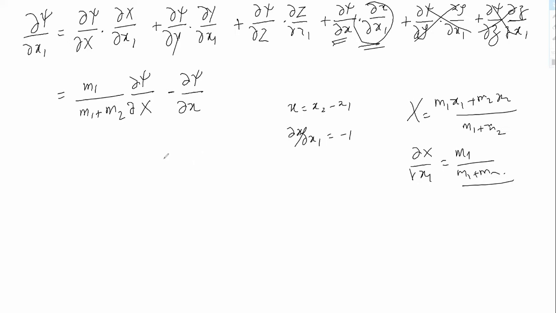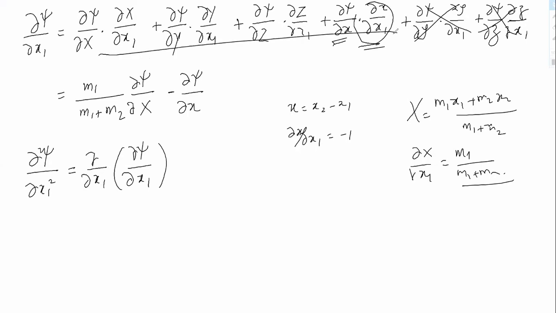That is why we have only this expression. And then once you have this, what will you do? You will try to obtain delta square psi by delta x1 square. And that will be delta by delta x1 of delta psi by delta x1, and then you will simplify it. When you simplify it, again you have to write delta by delta x1 in terms of this and see which terms are going to contribute.